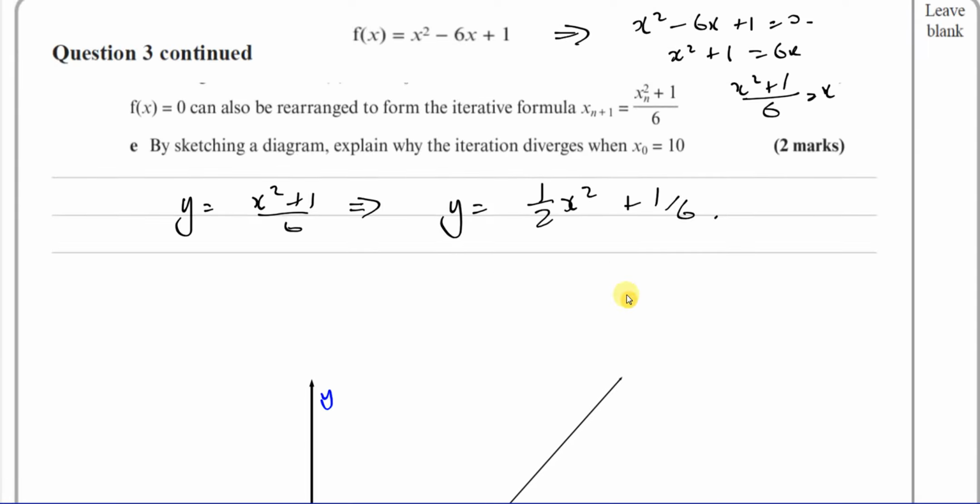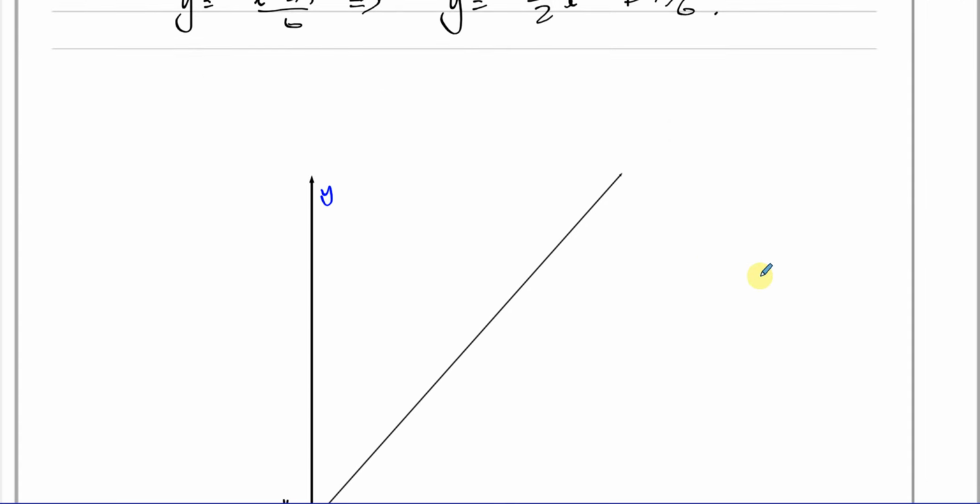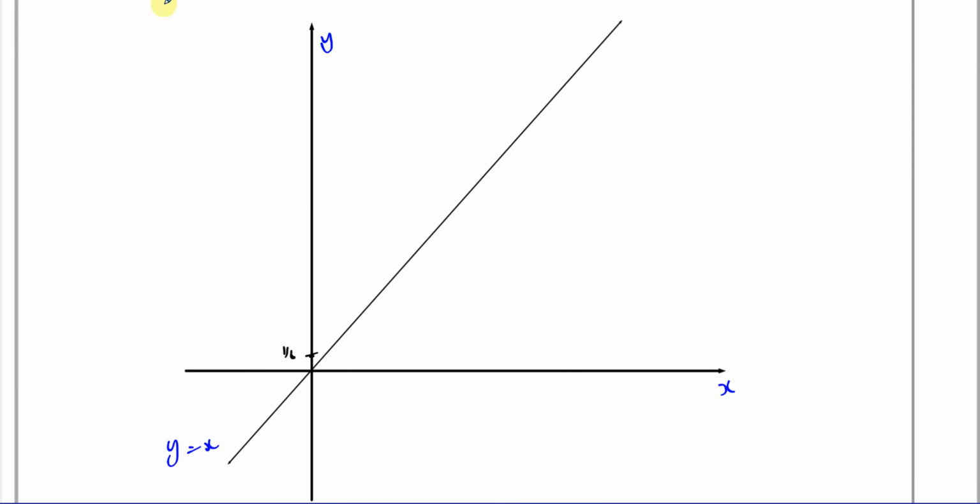It's one of these quadratic graphs, it's going to open upwards, and it's going to look something like this. It's all right, I guess, for a sketch.